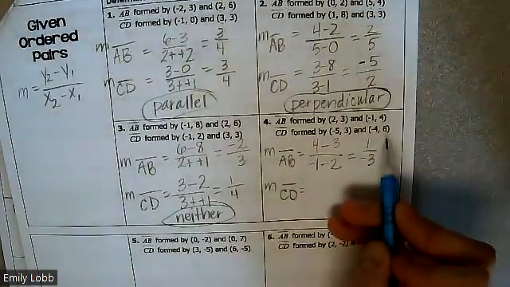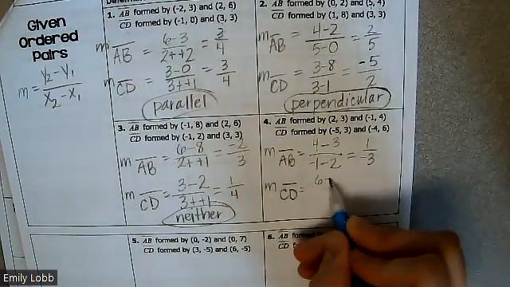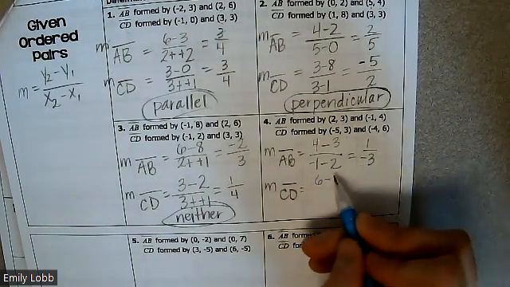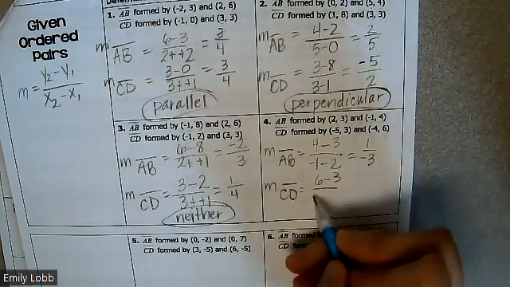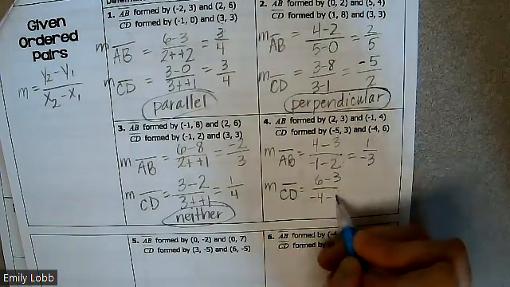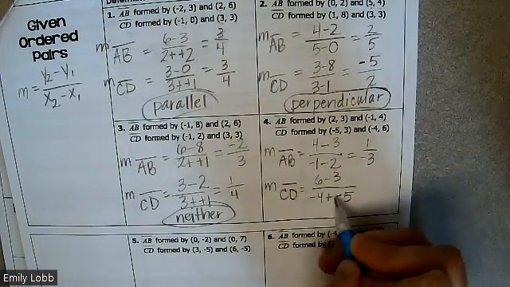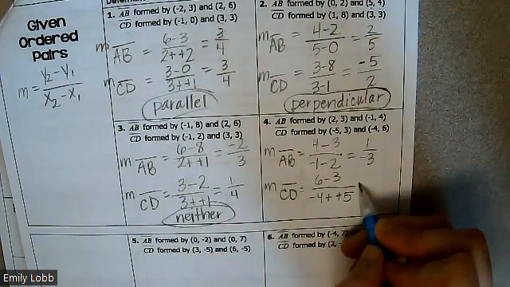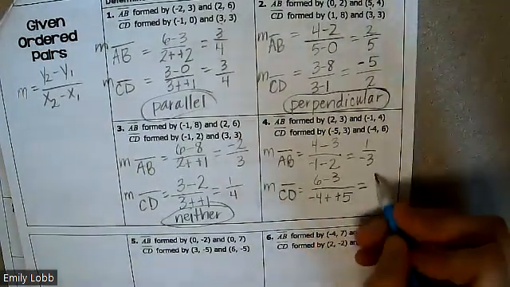Here we have our second y value is 6 minus our first is 3, all over our second x, which is negative 4, minus our first x, which is negative 5. So be very careful and remember that you have to switch when we have two negatives and we're combining them. 6 minus 3 is 3.